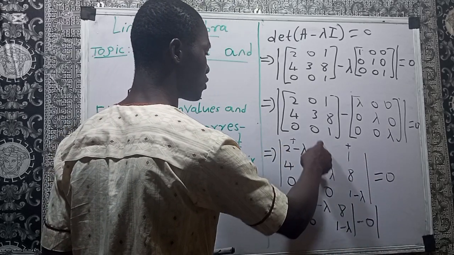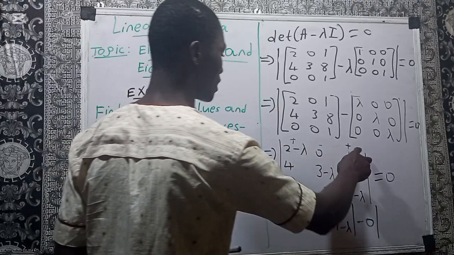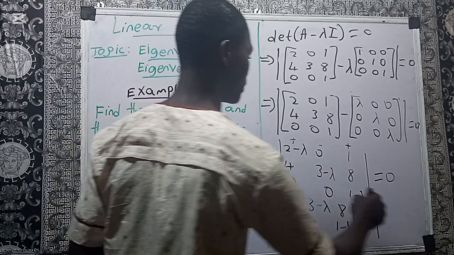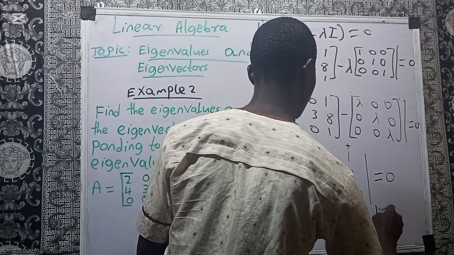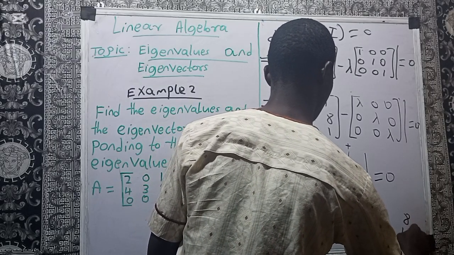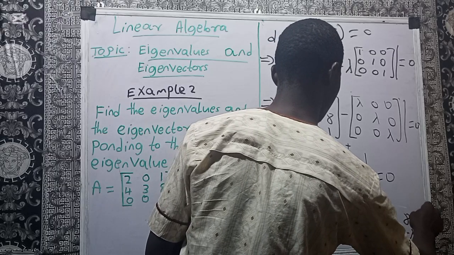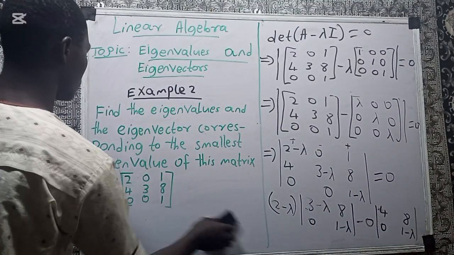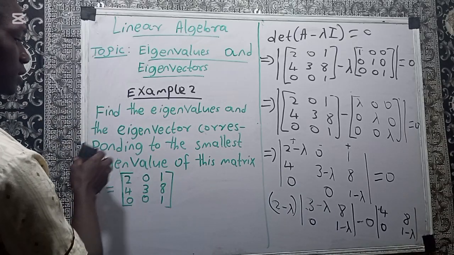It's appearing at row 1, column 2, so we close row 1 and column 2. This will be the matrix we have, with the entries 4, 0, 1 minus lambda. So we can create space here.